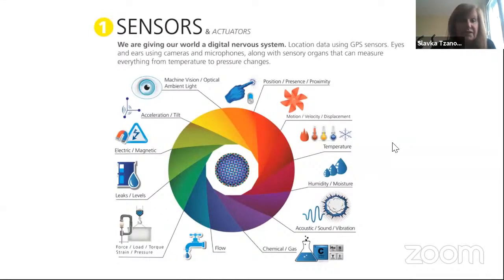Okay, sensors and actuators. What we have, we can measure, and this is part of the Internet of Things. We can measure position, we can measure motion. Of course, I can teach you a lot on the physical principles of the sensors. And they are not only physical, they're chemical. For example, when we measure gases, these sensors are very important, also for liquids, and the contents of what we have.